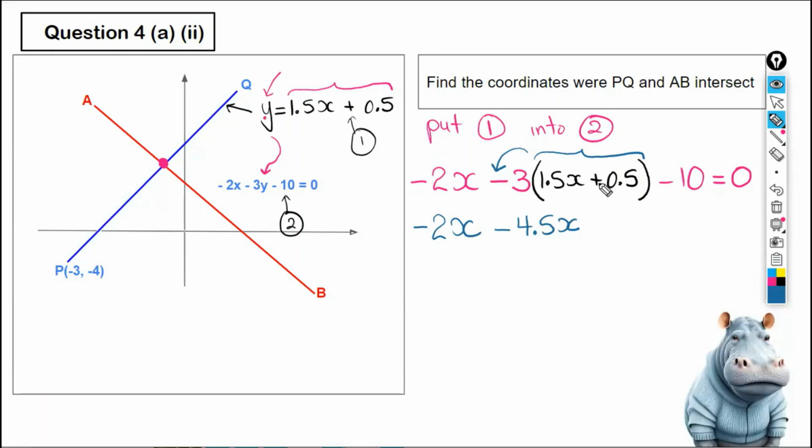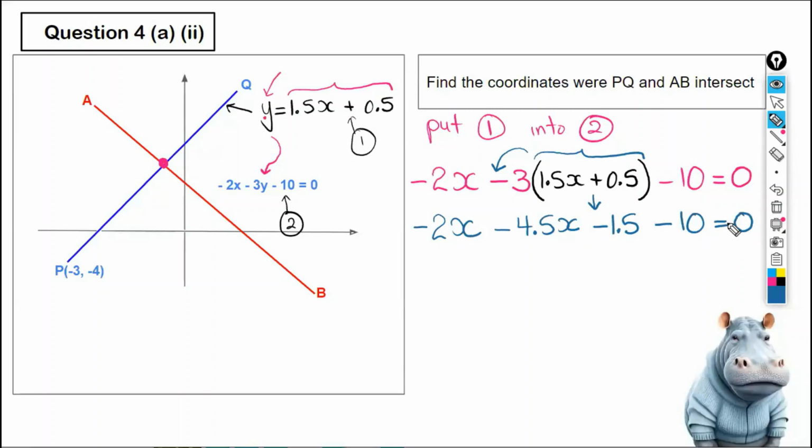But remember, this 0.5, which is positive, also gets multiplied by the minus 3. So you get minus 1.5. I suspect a few of you all had positive 1.5 here. Let me know in the chat if that was the mistake. And the minus 10, and you put the equal to 0.